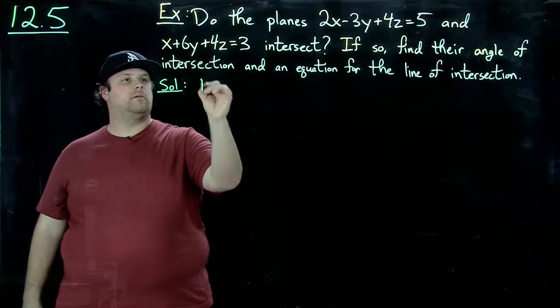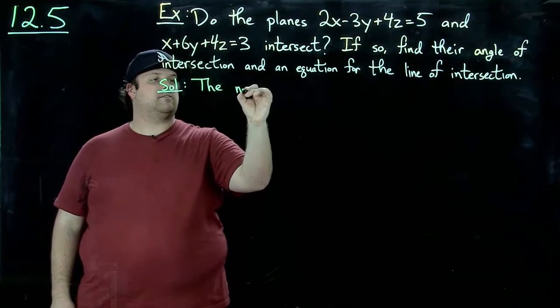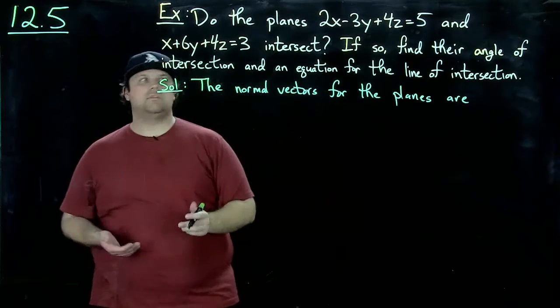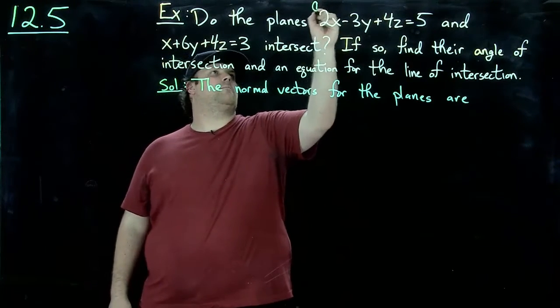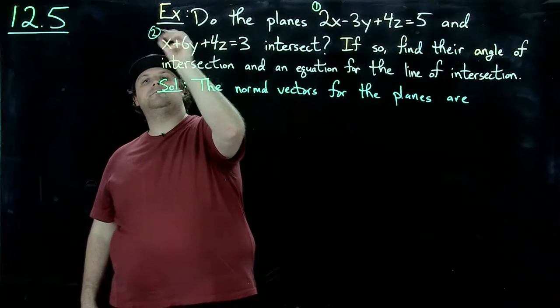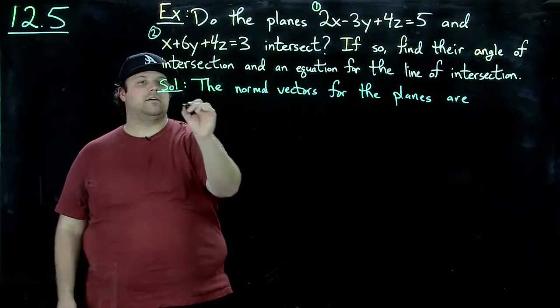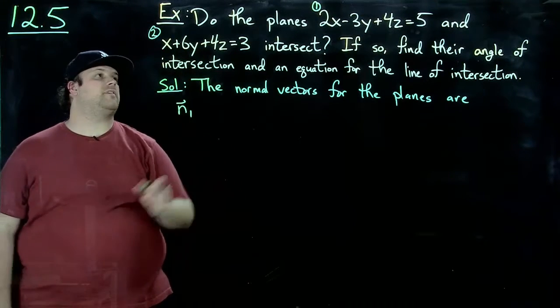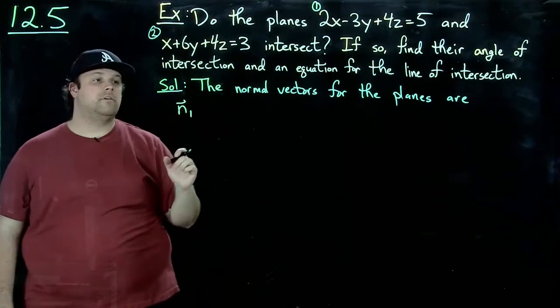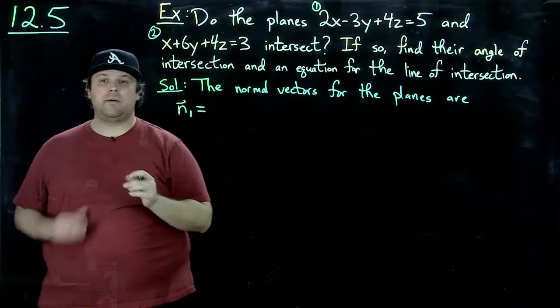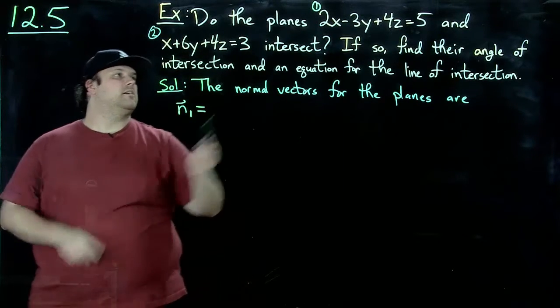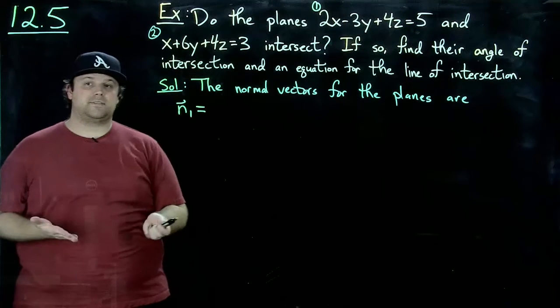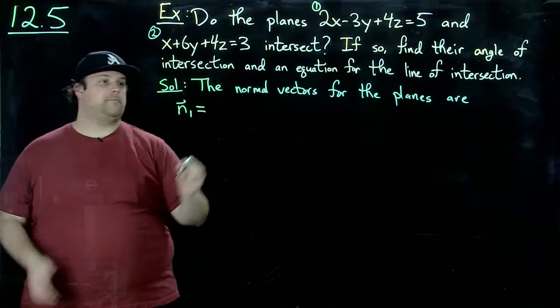Well, the normal vectors. Let's say this is plane 1 and this is plane 2. Then we can call them n1 for the normal vector of plane 1. Right? And remember, that's given by just looking at the coefficients of x, y, and z in the equation of the plane.